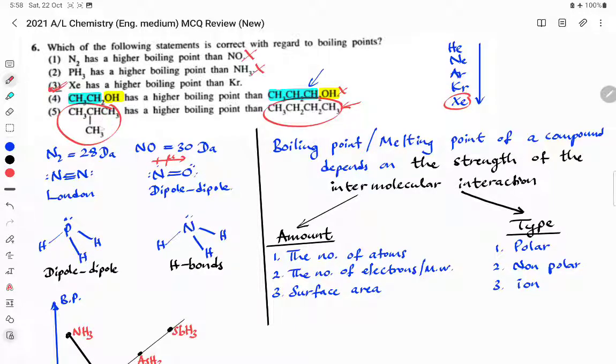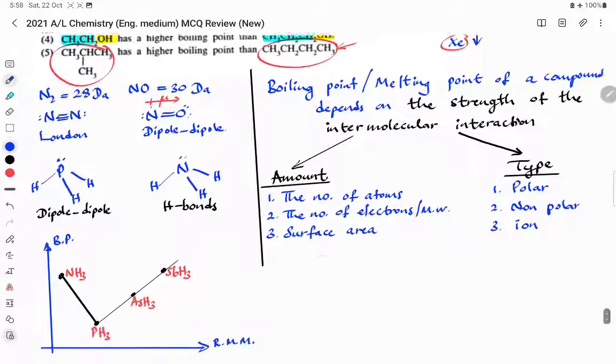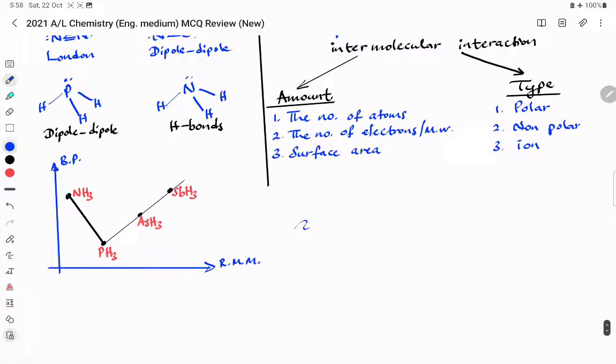Now these cannot be packed like that. Let me show you that. This is the long chain hydrocarbon. This is the same hydrocarbon but with branching. If we try to arrange or pack them, these two can be packed very closely to each other.